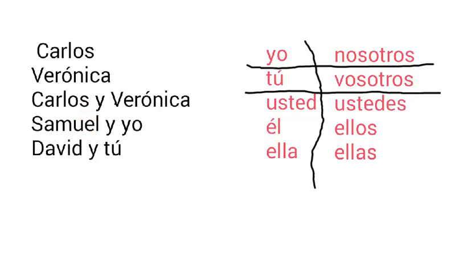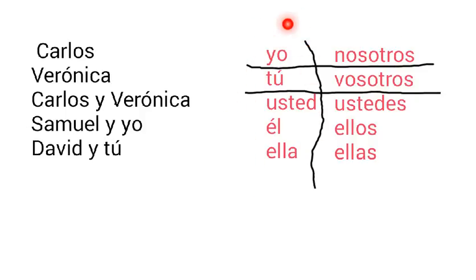So how do we make these words into pronouns? How do we use these pronouns? Well, with some of them, it's fairly straightforward. But before we get started, we've got to understand a little bit about this chart on the right. On the right side over here, we only have one person described.